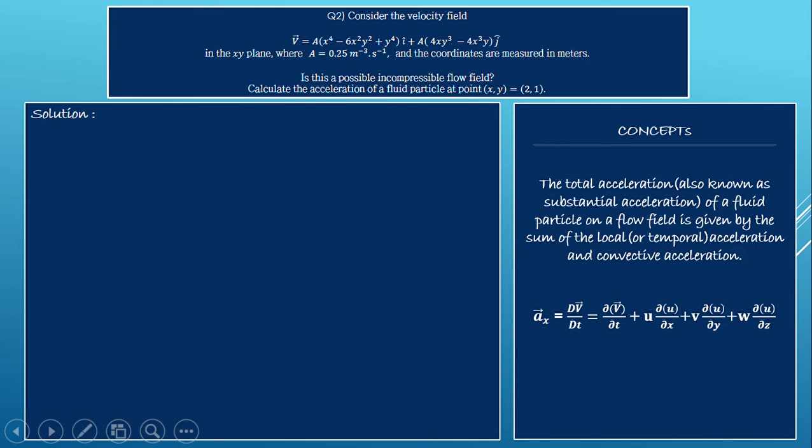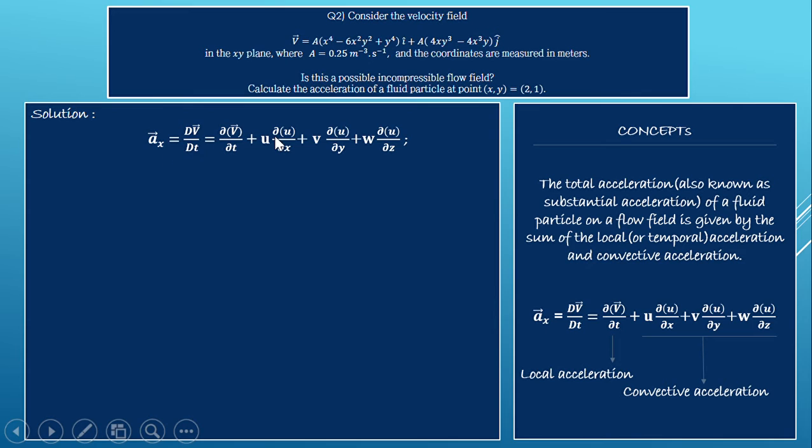We can write a x, that is acceleration along the x direction, is equal to d v vector upon dt. This represents the substantial acceleration, and that is equal to del v upon del t, that is the local acceleration, plus u times del u upon del x plus v times del u upon del y plus w times del u upon del z. These are the local acceleration and convective accelerations respectively.